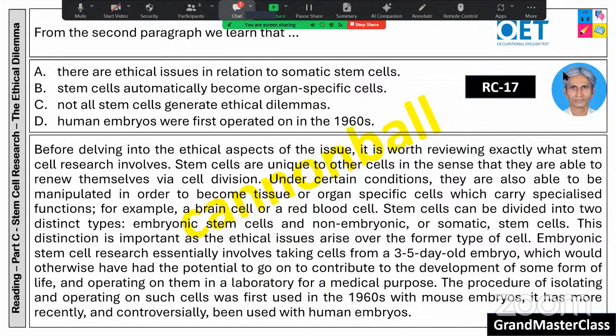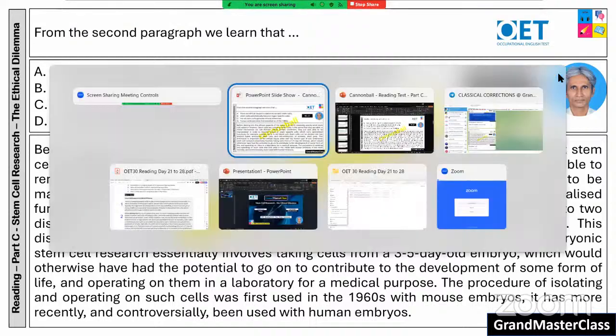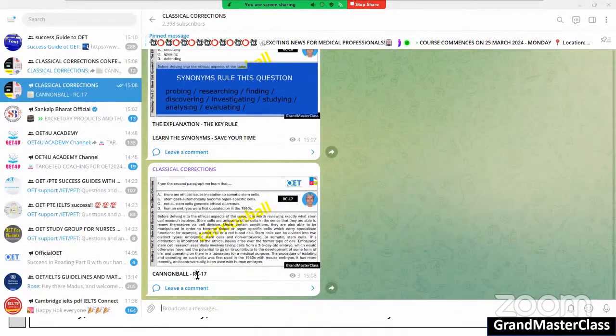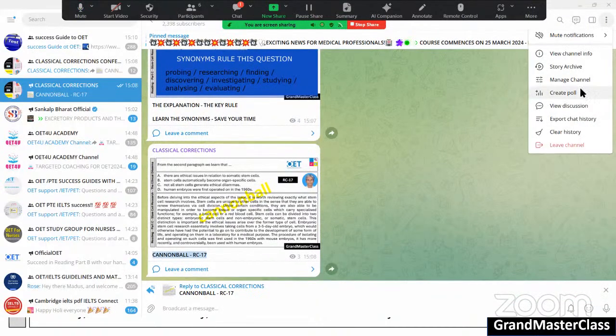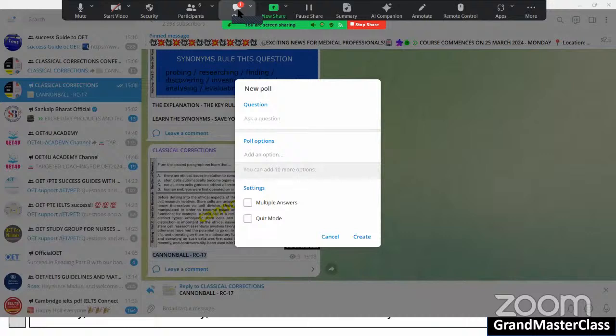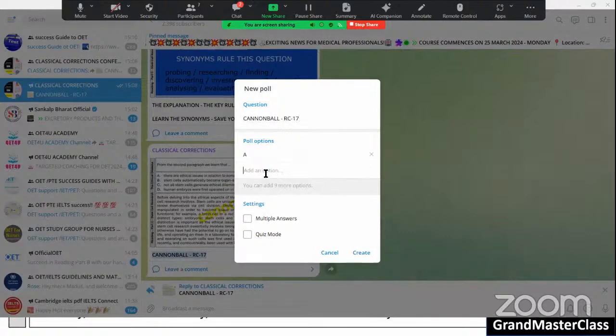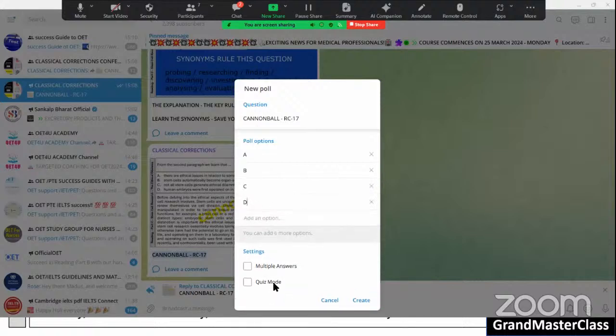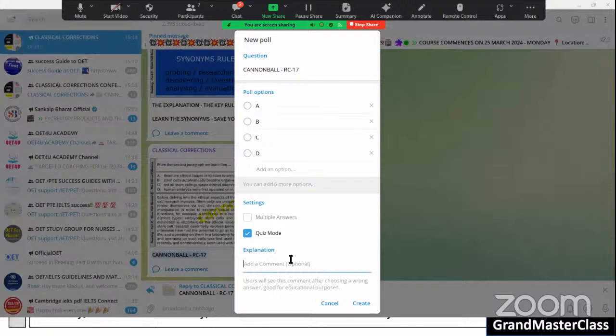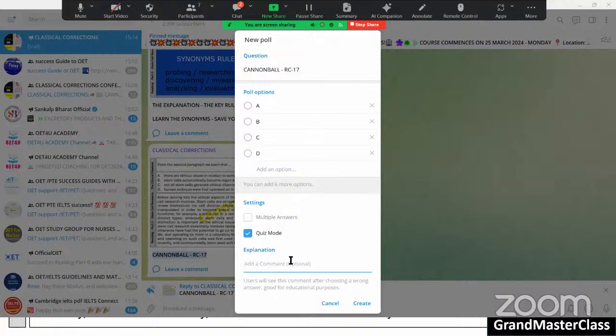Here, Dr. Keval says C. What about the others? A, B, C, D. Logical reasoning approach.